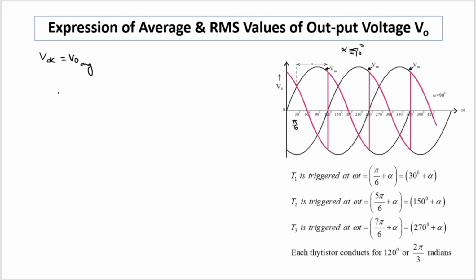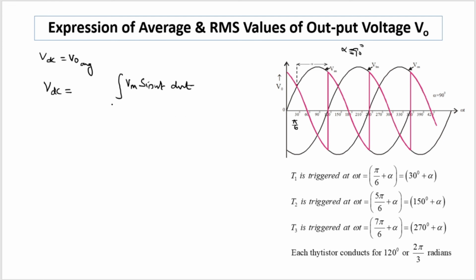So we'll try to find out the average value. That average value, or VDC, is equal to the integration of a voltage wave of a particular phase. For simplicity, we'll take Vm sin omega t with respect to omega t.